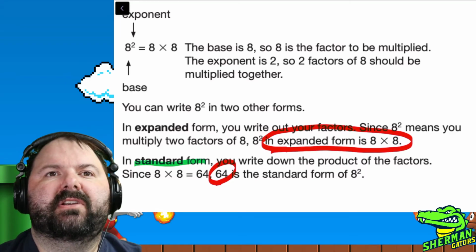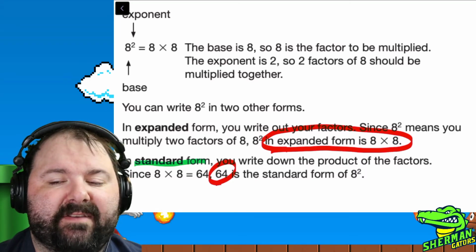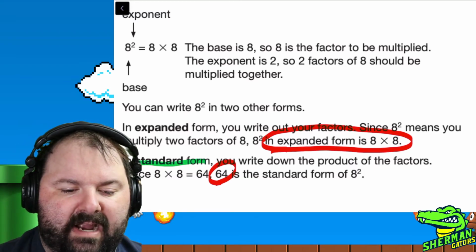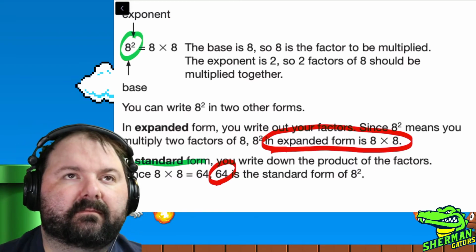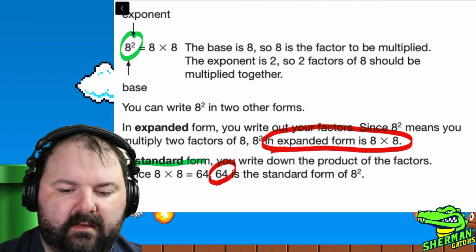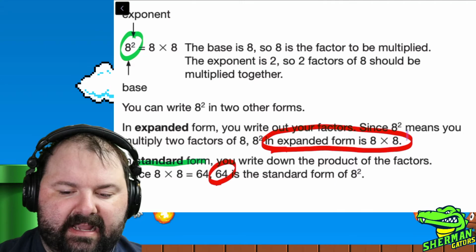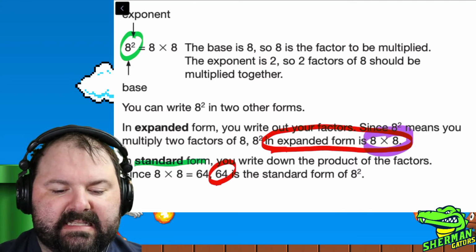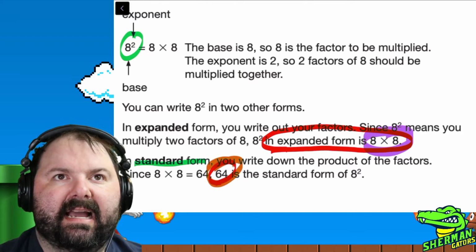Another thing I noticed yesterday is people were not following the directions. If it says to write it in exponential notation, that means you write it like this. If it says to write it in expanded form, that means you write it like this. And if it's asking you to write it in standard form, it is like that.